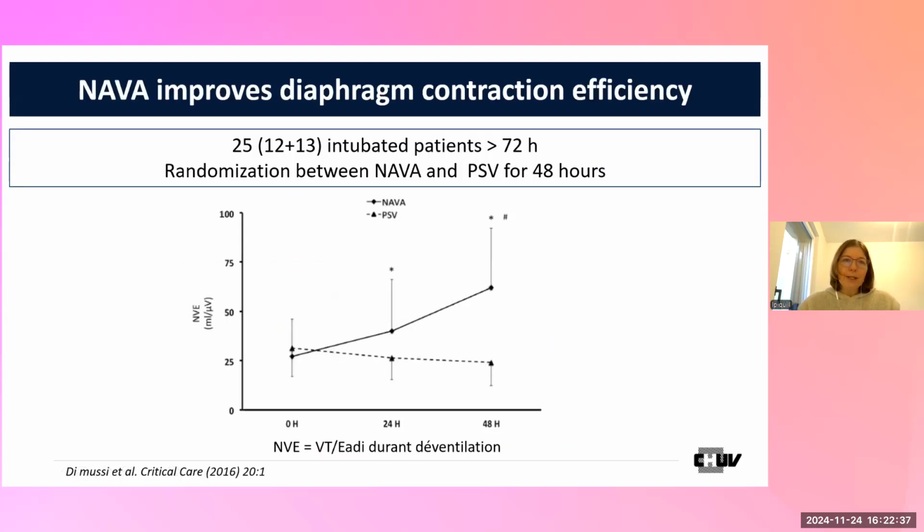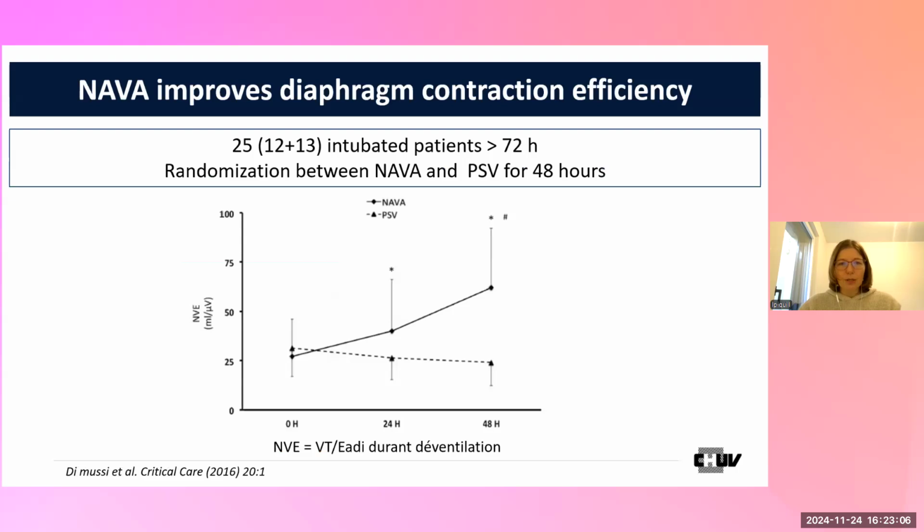Maybe even more interestingly, NAVA trains the diaphragm, and NAVA improves the diaphragm contraction efficiency, probably because it avoids delivering over assist. Here we have a small, very interesting study performed in 25 patients, and those patients who were switched to assisted ventilation were randomized either to NAVA or pressure support ventilation.